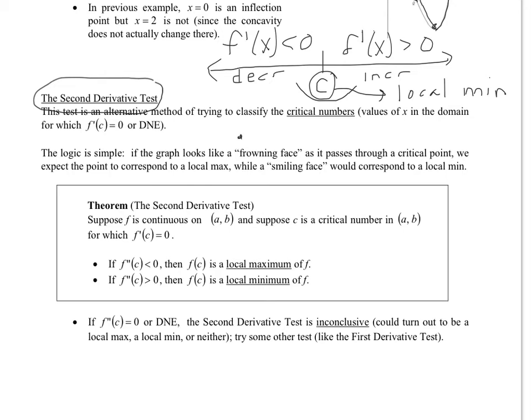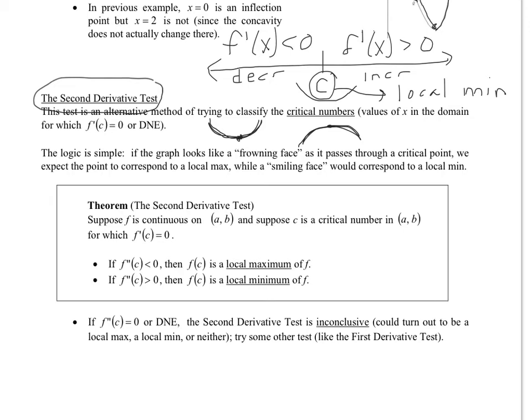If you've got a critical point, and the graph happens to look like a smiling face as it passes through that critical point, that would seem to be suggestive of a local minimum. On the other hand, if the graph looks like a frowning face as it passes through that critical point, that would be indicative of a local maximum.